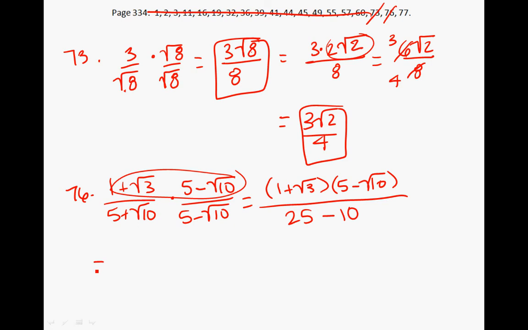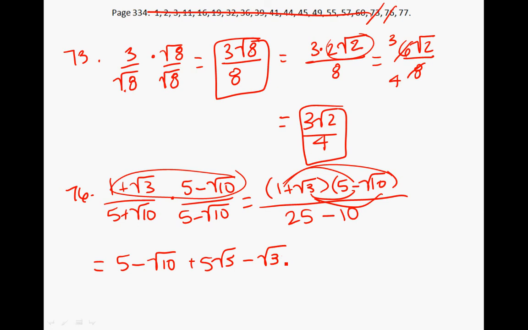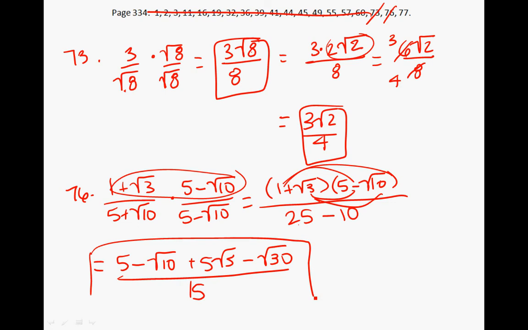Okay, so now if you wanted to actually distribute this like you normally would, we have 5 minus root 10 plus 5 root 3 minus root 30, and then 25 minus 10 would be 15, so you would have that. But that's not a very nice and simplified answer, so it might be better just to stick with this before the FOIL.